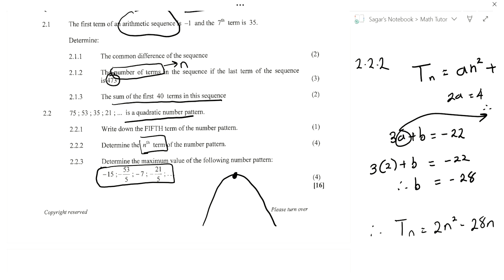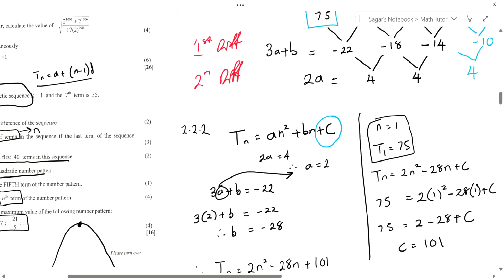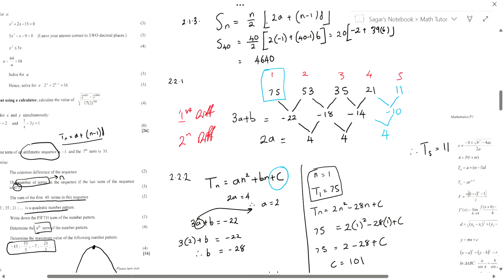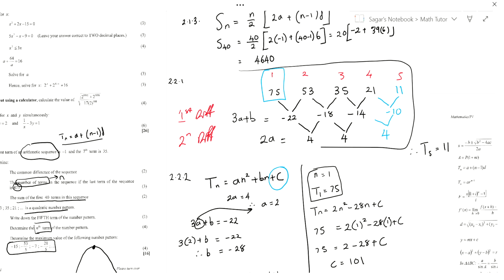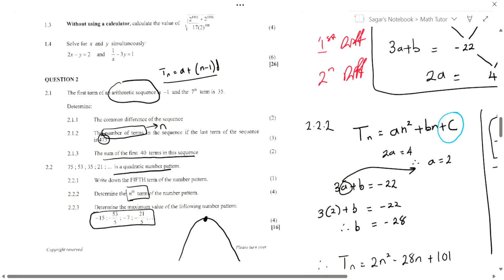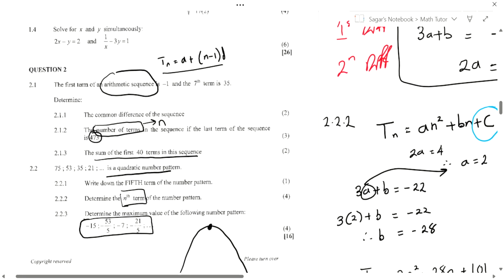But we cannot calculate this the way we did previously. We can, but it will take a lot of time, and this is only 4 marks. So using this method is quite strenuous, but you will get your full marks if you do that method.